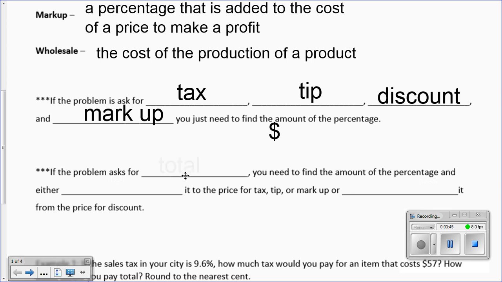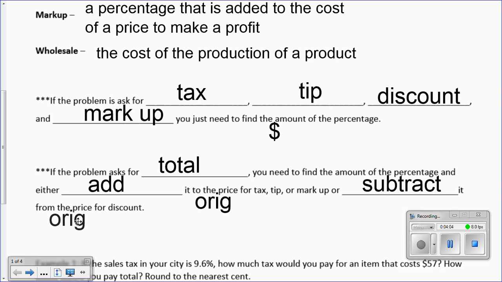Now, if the problem asks for the total, you'd probably need to find the dollar amount of the percentage, and either you'd be adding it to the price, so that happens to the original price. That happens for tax, tip, or markup when we add it, or you could be subtracting it from the price, again, the original price, for discount problems.